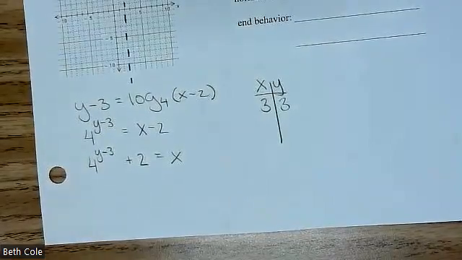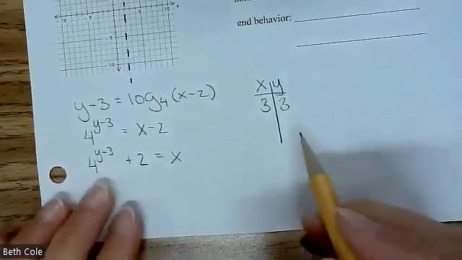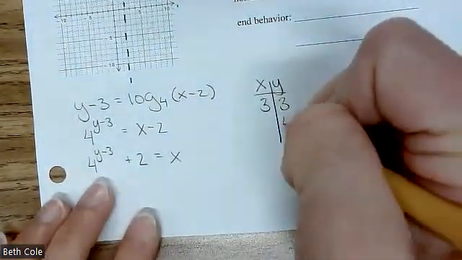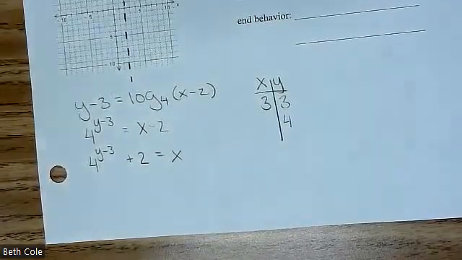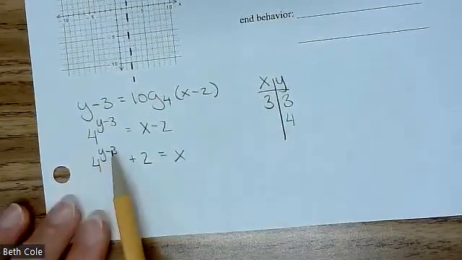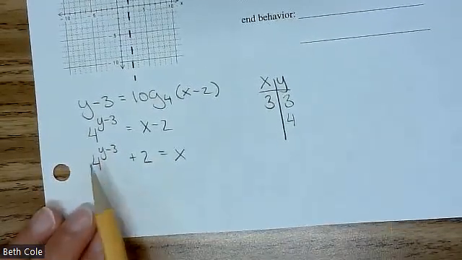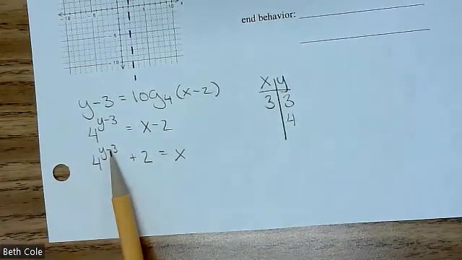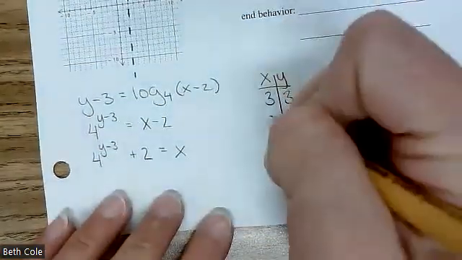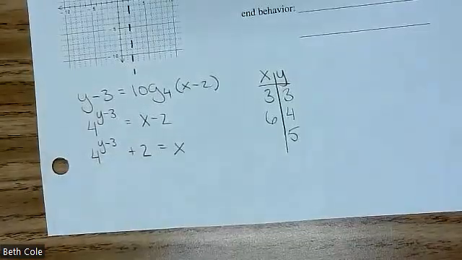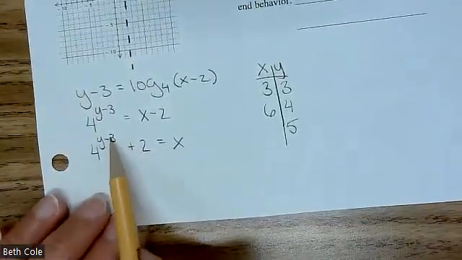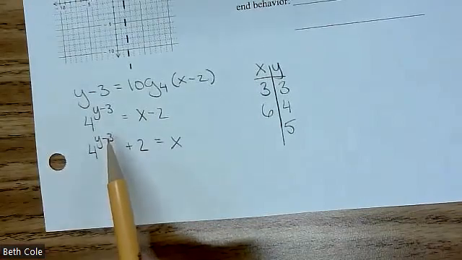What's another number we could plug in for y? Like we want to do at least 3 of them. I would go 4, because if you do 2, you're going to get a negative exponent, which is sometimes good if you want to flip a fraction, but I don't want to get a fraction here. So let's do 4. 4 minus 3. 1. 4 to the 1. 4 plus 2, 6. And then I want one more. So let's do 5. 5 minus 3. 2. 4 to the 2. 4 squared.